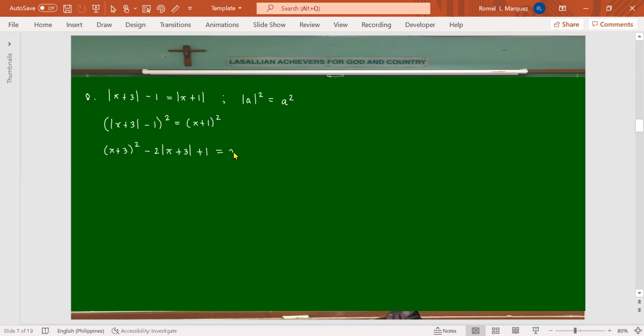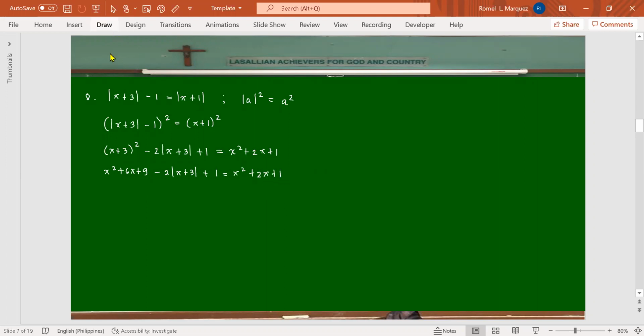This is x squared plus 2x plus 1. What is the square of this, guys? 6x plus 9 plus 1 is equal to x squared plus 2x plus 1.